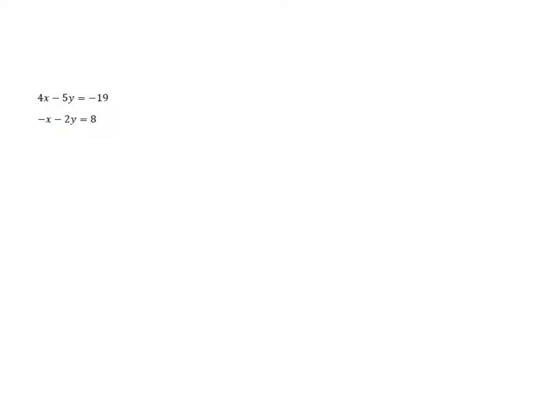So you would have to multiply the top equation by 2 and the bottom equation by 5, which is more work. So I highly suggest multiplying the bottom by 4 and distributing that through. You could multiply by a negative 4 as well. Does not matter. You just need to make that decision on your own.